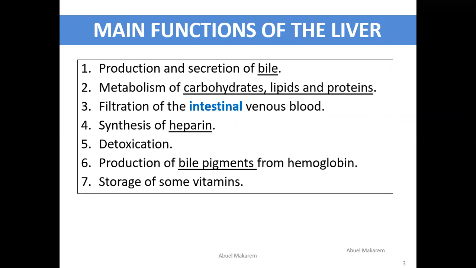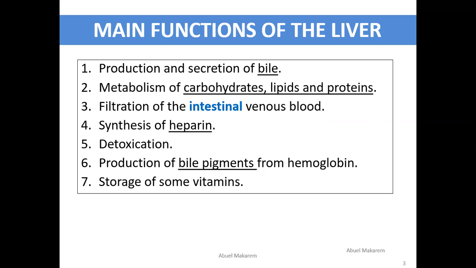The third is filtration of the intestinal venous blood. So the blood will be filtered in the liver. The fourth is the synthesis of heparin, which will take place in the liver. And the fifth is it helps in the detoxification of any toxin which has entered the body.